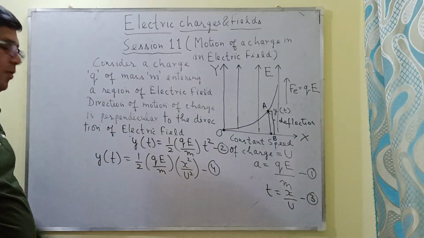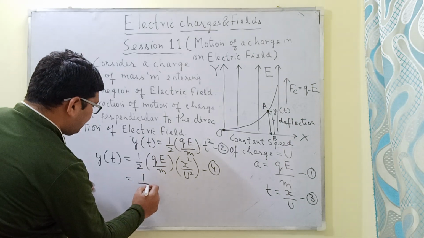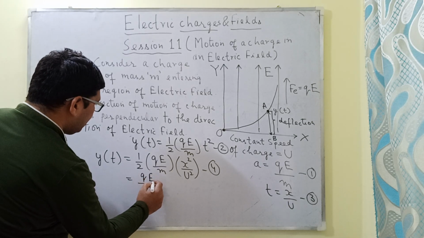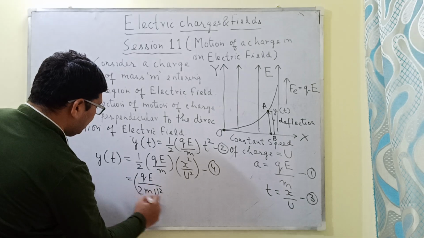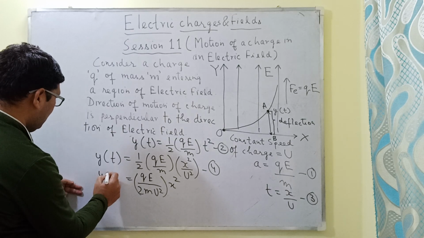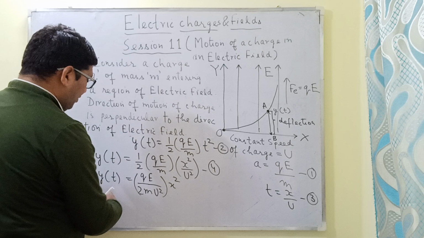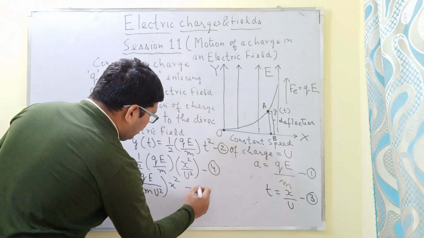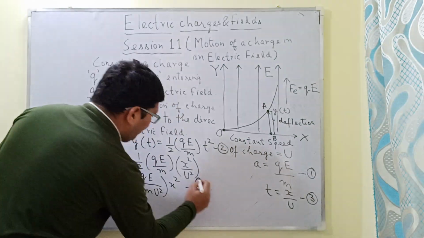This is equation number 4, and we can write it as qe divided by 2m u square into x square. So the displacement of this charge at any moment of time is also given by this relation.